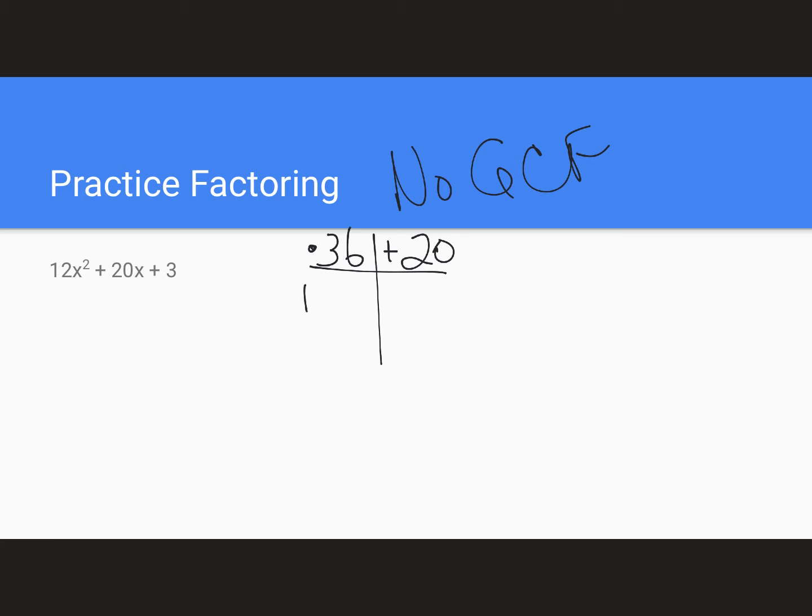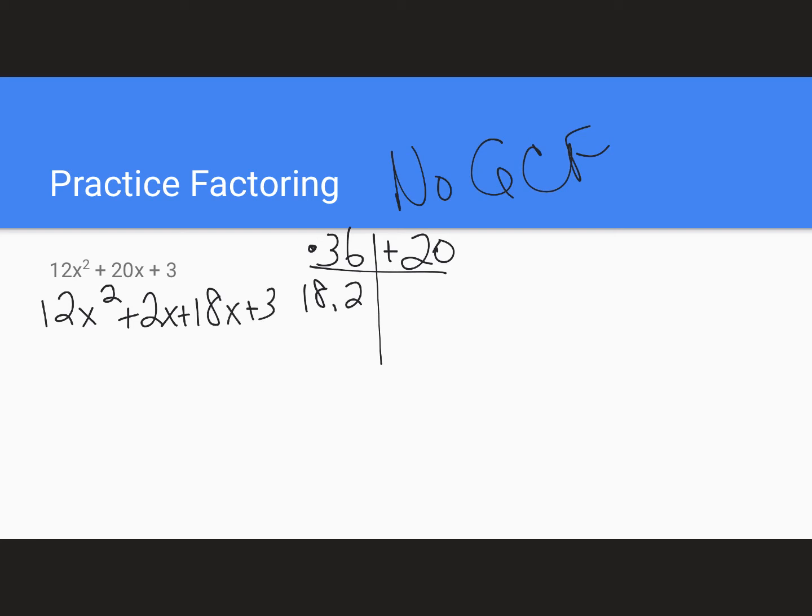So I know that that's going to be 18 and 2. Again, you can just run through the factor pairs until you find a pair that works. So I have 12x squared plus 2x plus 18x plus 3.